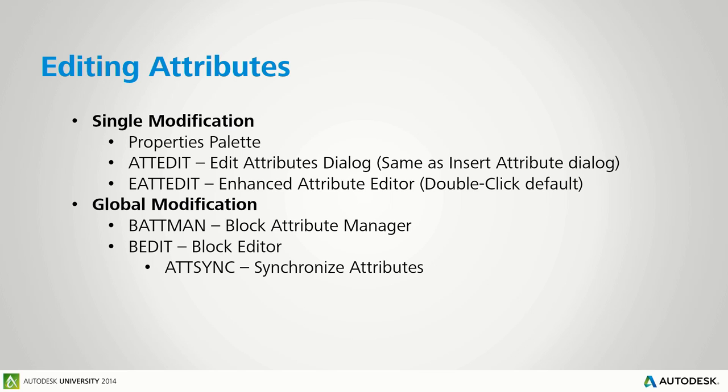And there are some other old school tools. BEDIT, your block editor, works as well for modifying all the attributes in a drawing. Again, just like BATTMAN, you need to use that synchronize attributes command to update the attribute values, tags, whatever, for that block in your drawing.